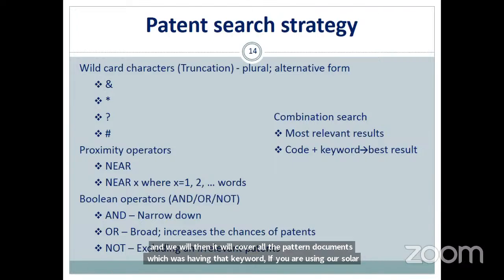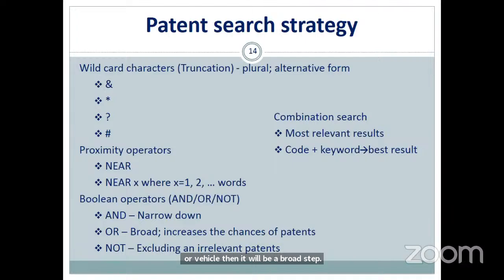It gives you a larger number of patents. That is, some applications may have only solar, some may have only vehicle, and some may have both solar as well as vehicle. If you are using solar or vehicle, then all these applications will be clubbed together and displayed. That's why it is giving us a broad one.